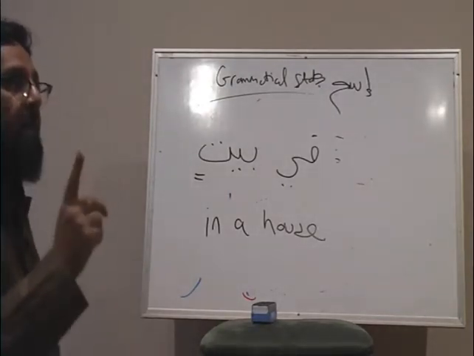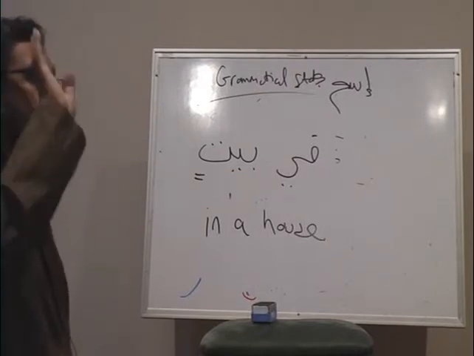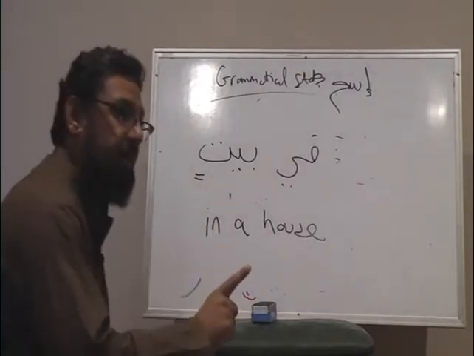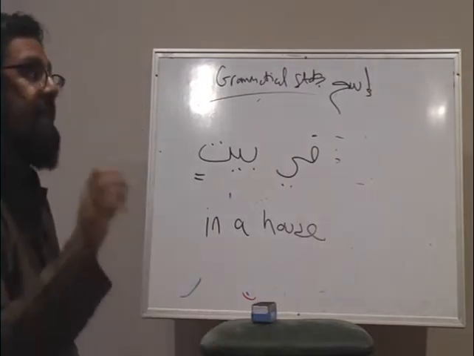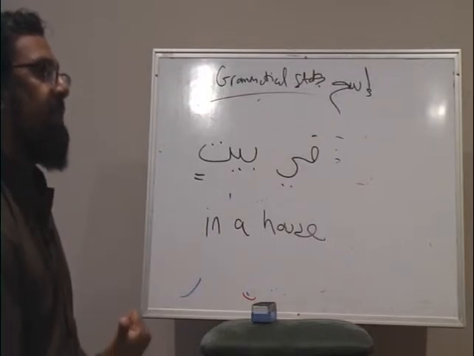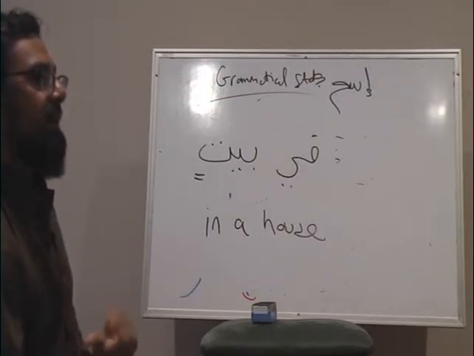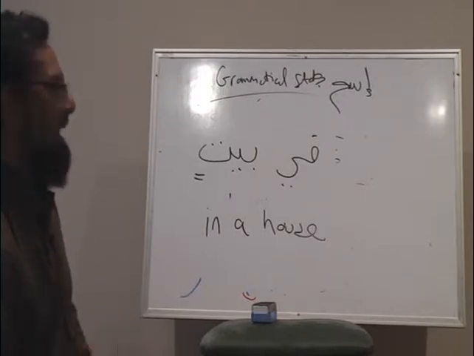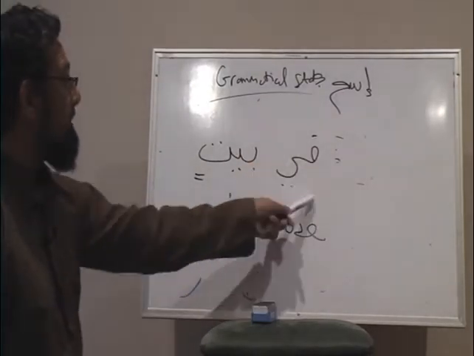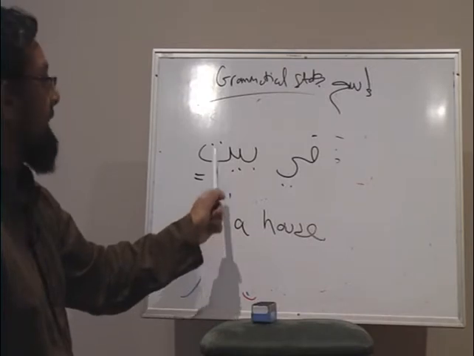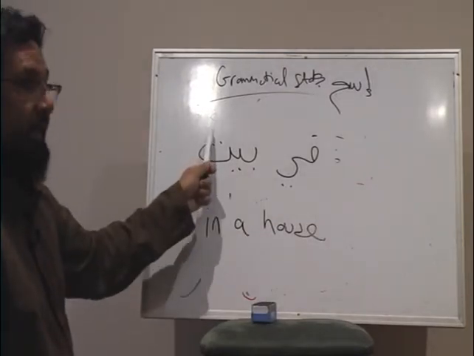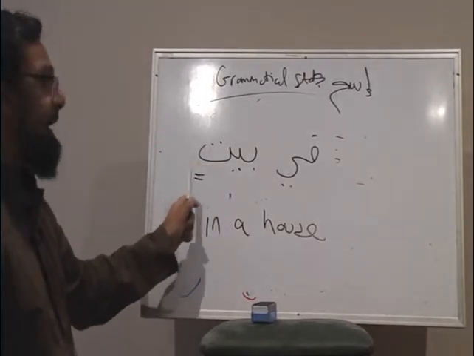And remember, we said with harfs there are two types: the amil and the ghayru amil. The amil is the governing agent. What that basically means is that it governs the grammatical state of what comes after it. So fi is a governing agent, because it has governed the state of the ism that comes after it. It's not fi baytun, it's not fi baytan, it is fi baytin.